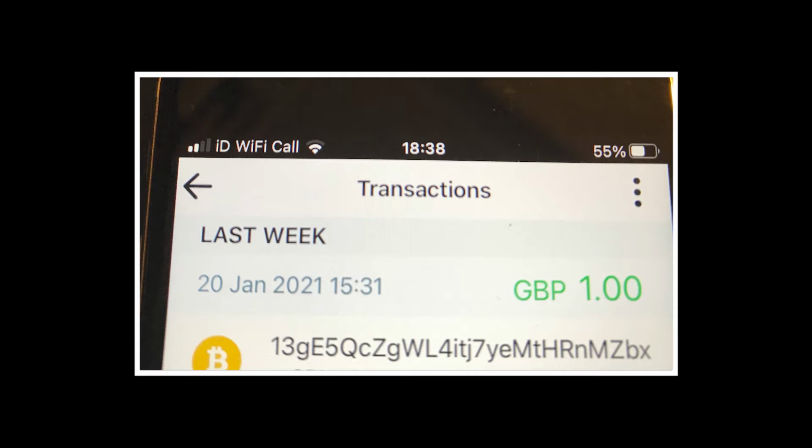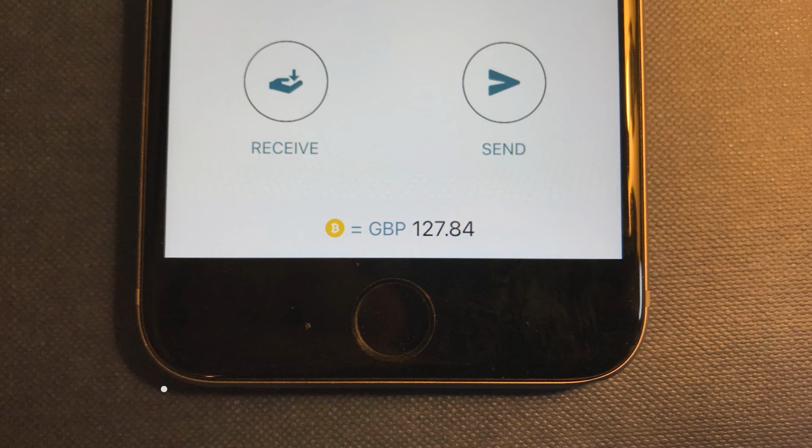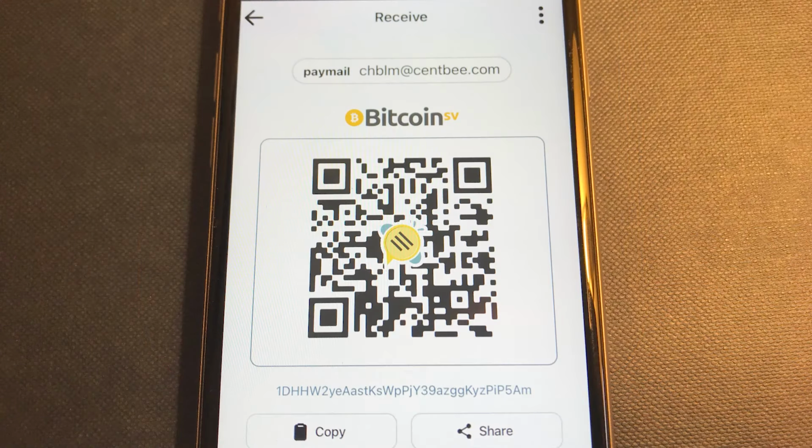So when you sent that money to yourself, can I ask, Charles, did you use PayMail? Did you send the money to Charles at Centbee? No, I went on to Centbee and I pressed receive, and then I copied that address, and then I pasted that into Handcash and said, yes, £1 to here.